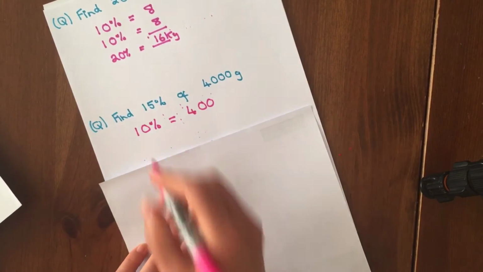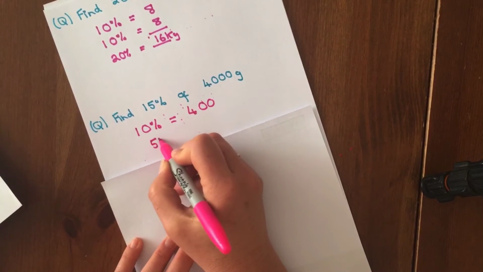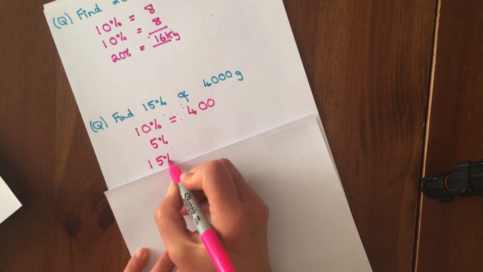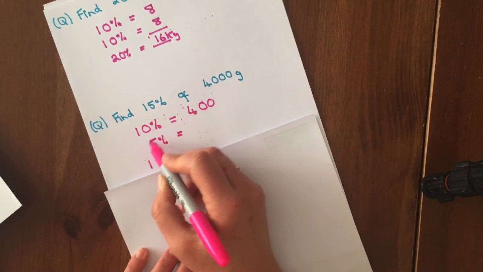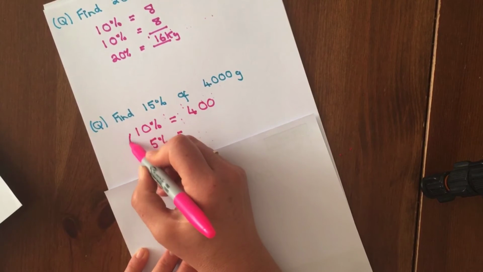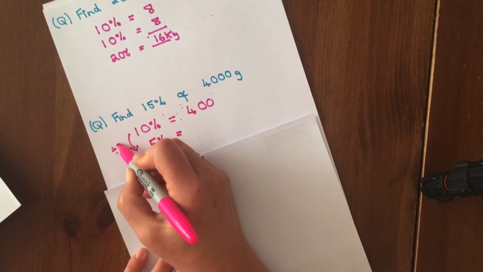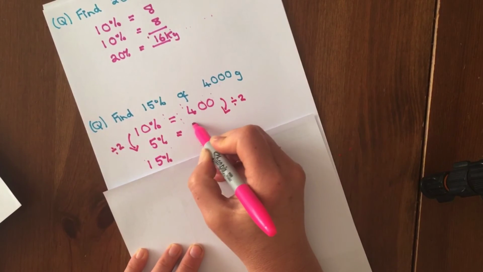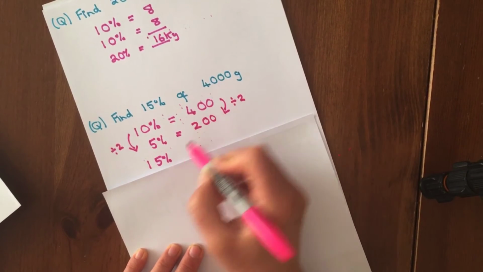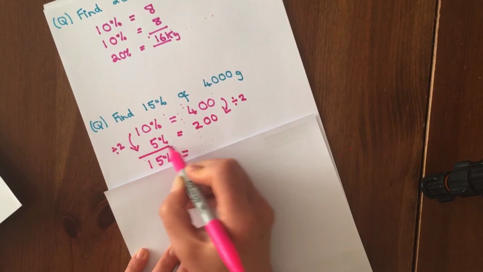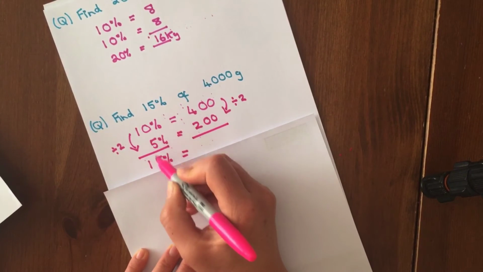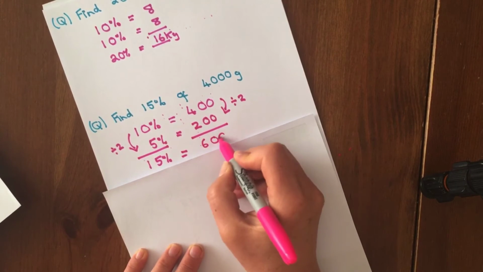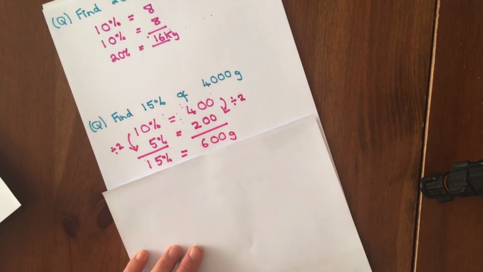Now I want 5%, because I know that 10 and 5 will make 15%. To get 5% from 10%, I divide by 2. So I get 200. Now if I add 10 and 5, I will get 15. So if I add these two, I will get 600 grams as my answer.